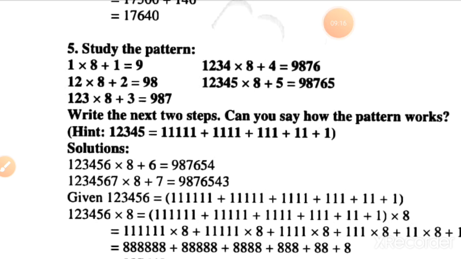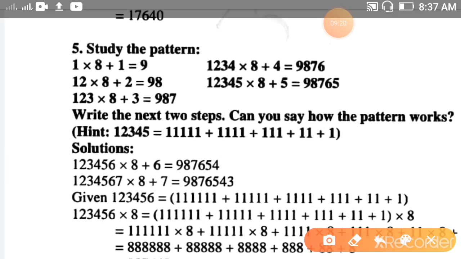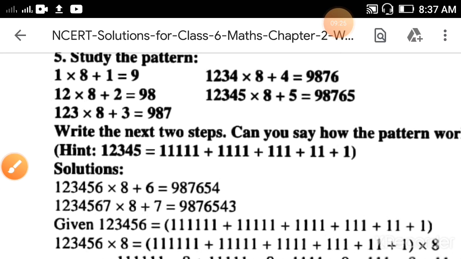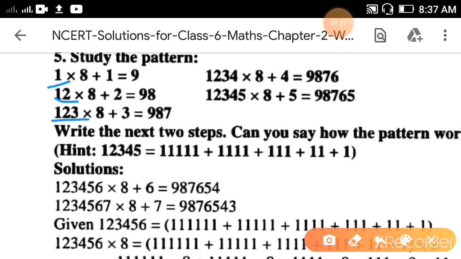First, here 1 is there. Then 1 2, 1 2 3, 1 2 3 4, 1 2 3 4 5. Then all the numbers are multiplied with 8, and whatever number is given in the unit place, that you have to add.